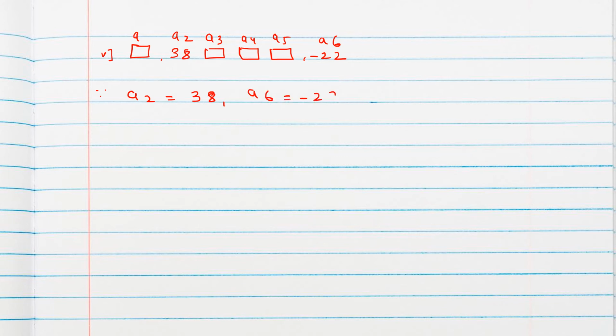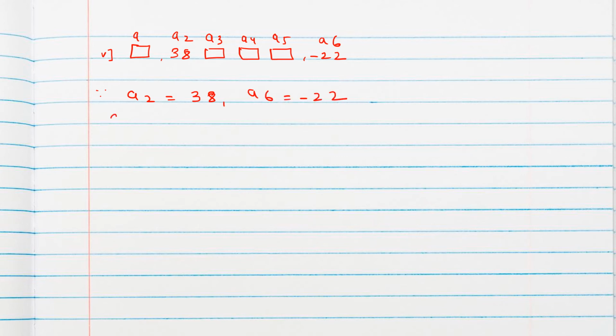In question number 5, the first term is not given, then the second term is given, then 3 empty boxes, then minus 22. So here A is not given, A2 is 38, A3 is not given, A4, A5 not given, and this is A6. So A2 is given 38 and A6 is given minus 22.